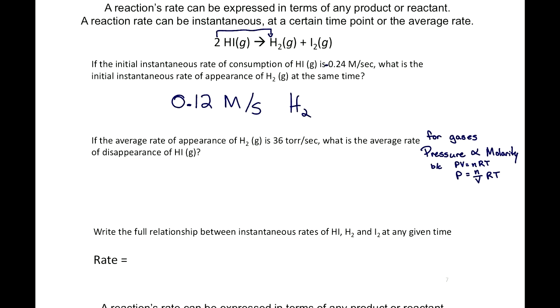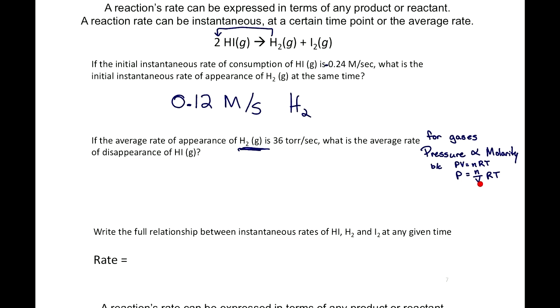Now what if the rate of appearance of H2 is 36 torr per second? What is the rate of disappearance for HI over the same time period? You might be thinking, that's not a concentration. For gases, pressure is proportional to concentration, so just treat the numbers the exact same. I have the proof over here, just rearrange PV = nRT. Pressure is proportional to concentration.